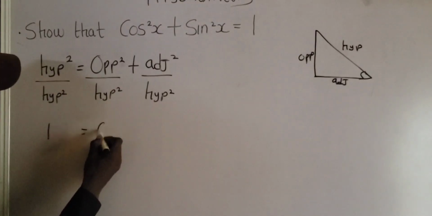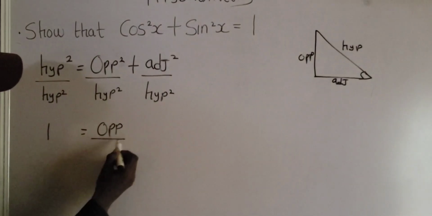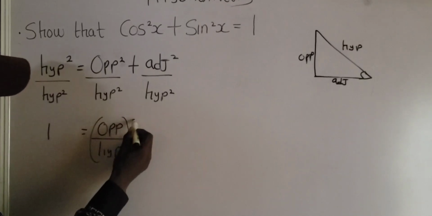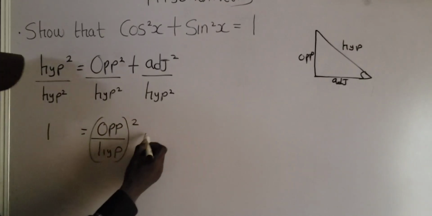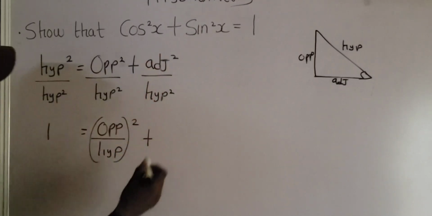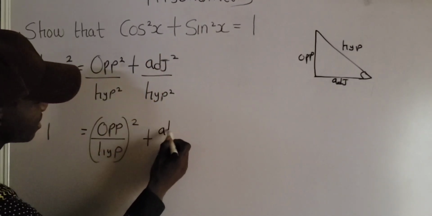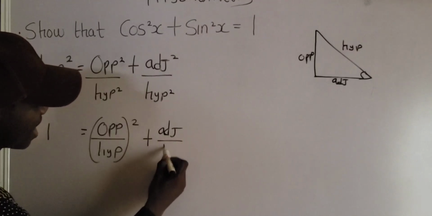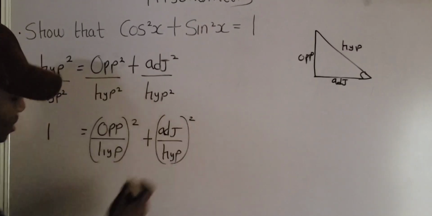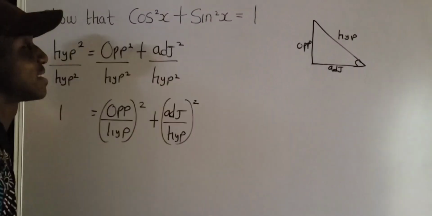I can write this as opposite over hypotenuse, squared, plus adjacent squared over hypotenuse squared. I can write it as adjacent over hypotenuse, squared. Do you understand? Okay, now let's proceed.